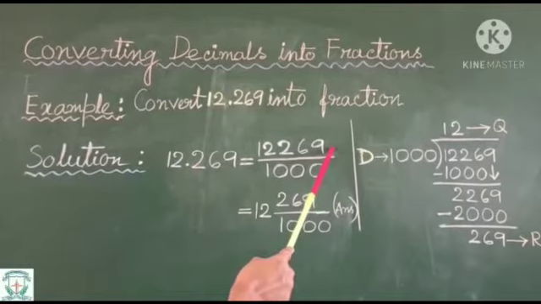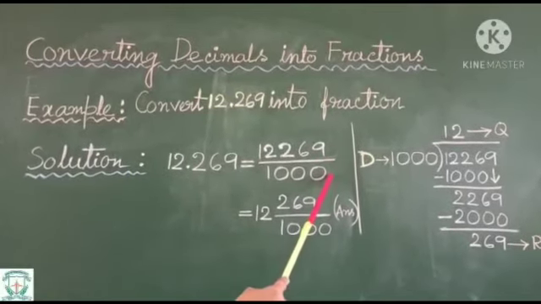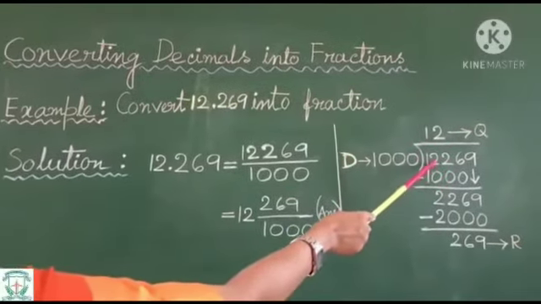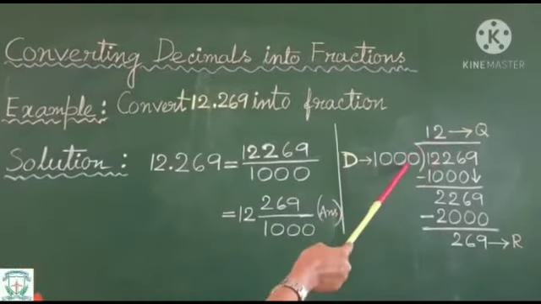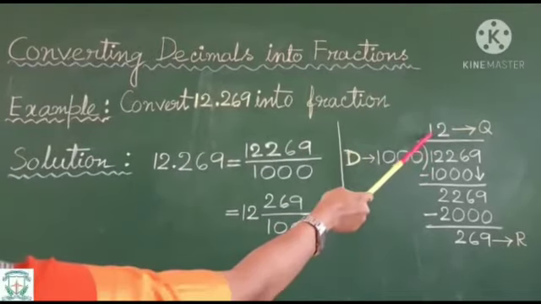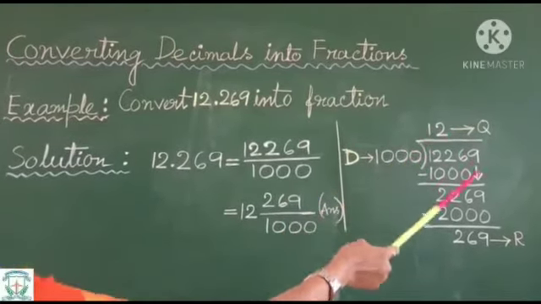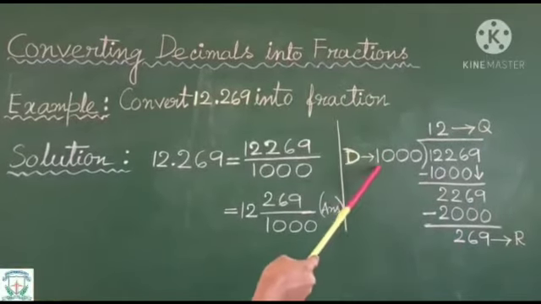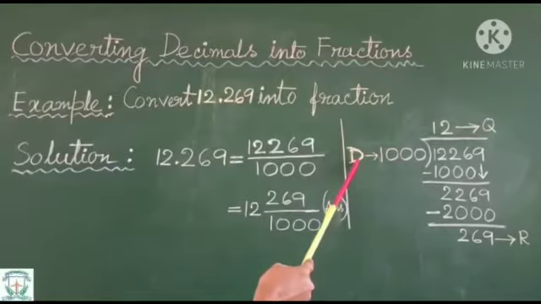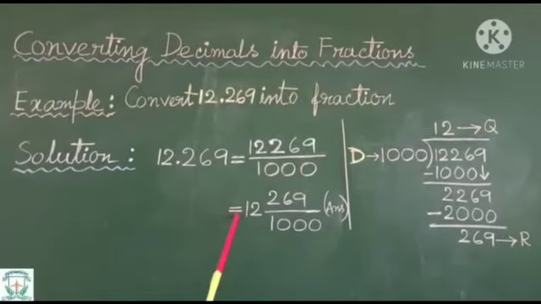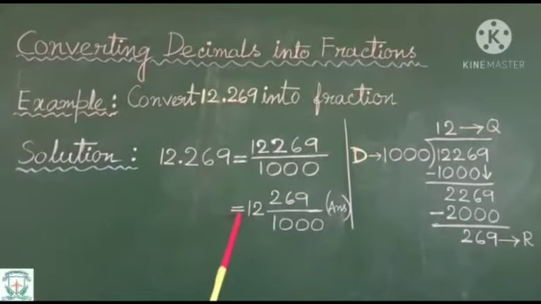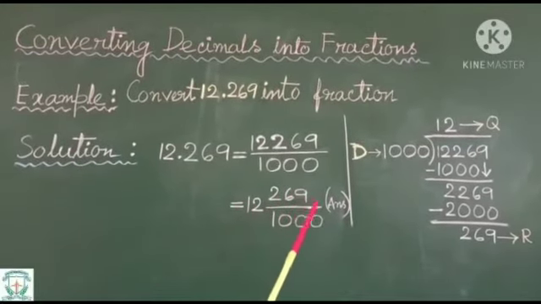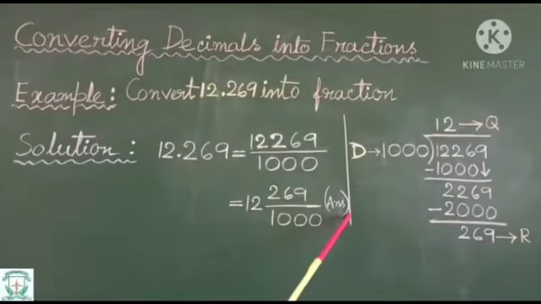To convert 12,269 by 1000 into mixed fraction, divide 12,269 by 1000. We get 12 as the quotient, 269 as the remainder, and 1000 as the divisor. Therefore, 12.269 is equal to 12 and 269 by 1000, which is the required answer.